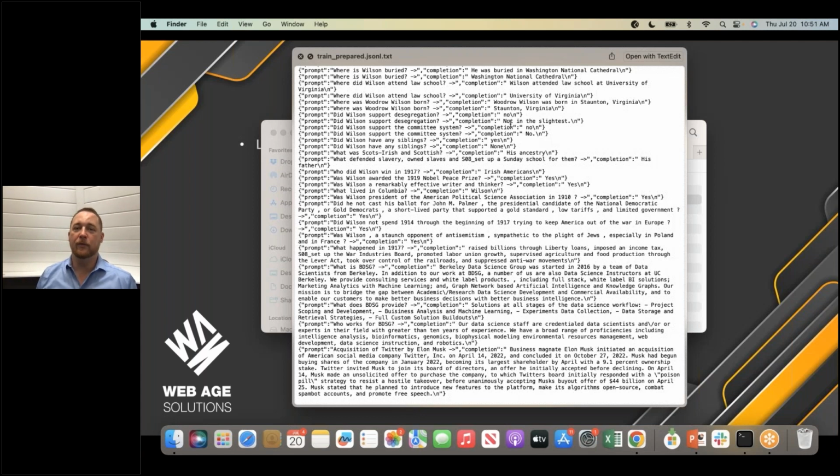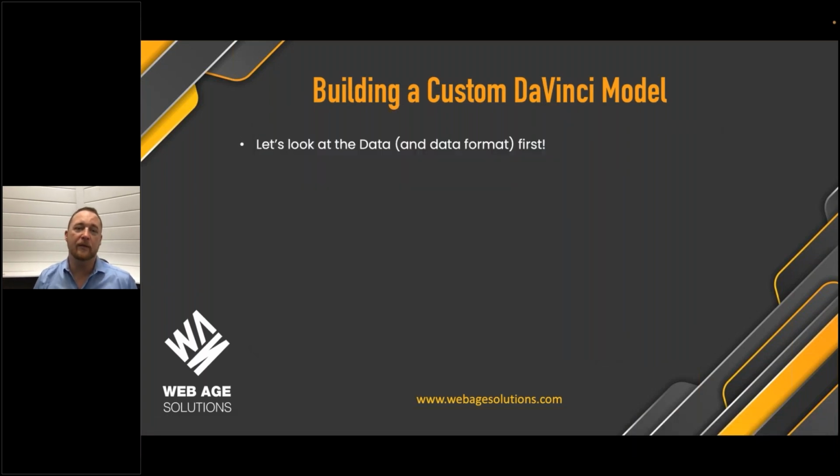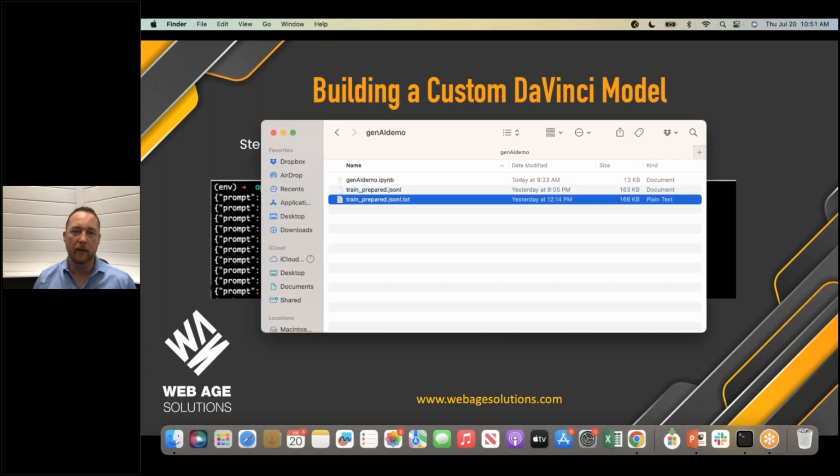So we have those two things where the base Da Vinci model does not know that they exist. So let's take a look at what that'll look like. Our first step is to prepare the data. So we'll take our training data, and there is a tool that will run it through and turn it into a JSONL format.